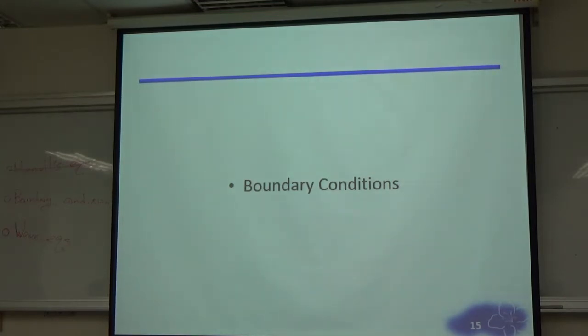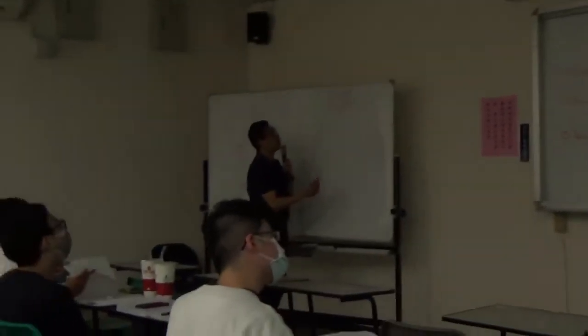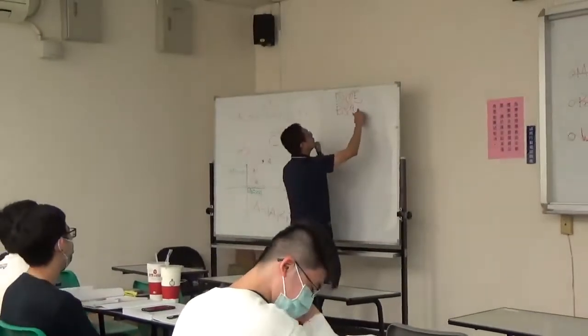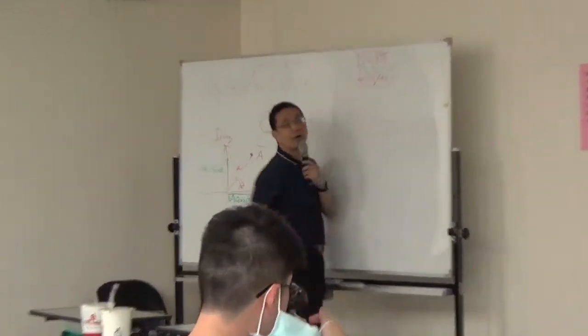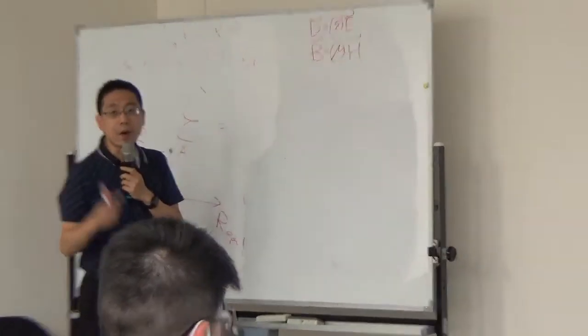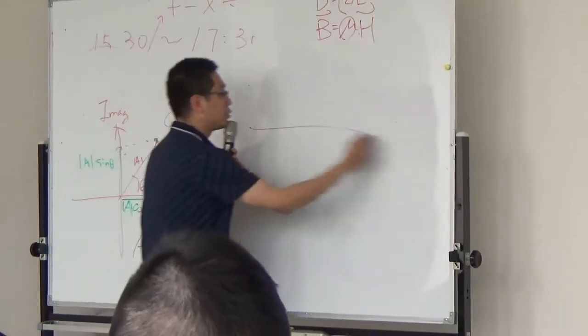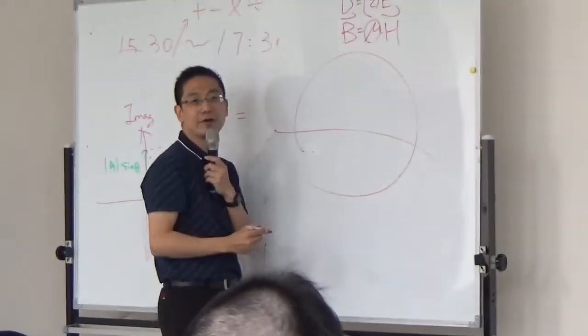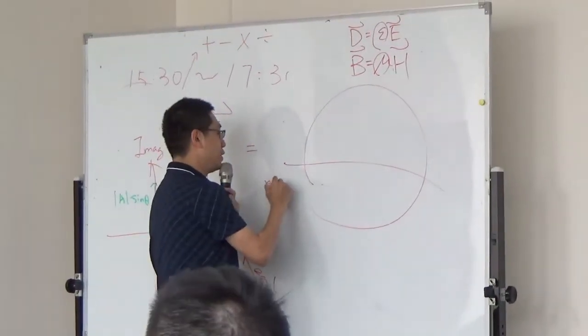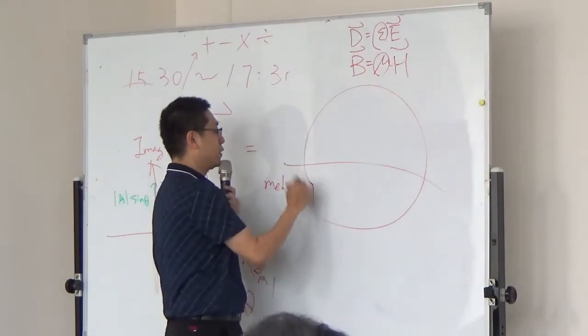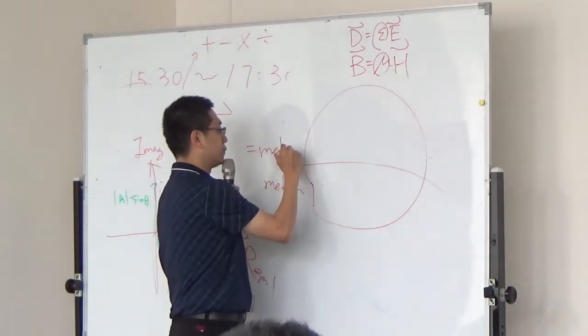The boundary condition is the way we try to discuss what happened when there are two materials. We call this media 1 and media 2.